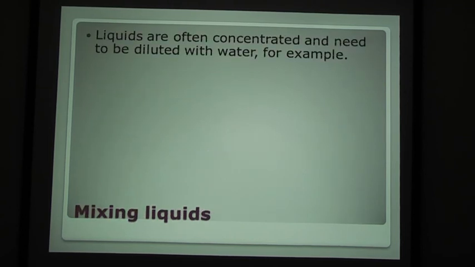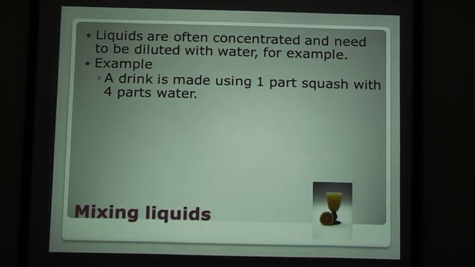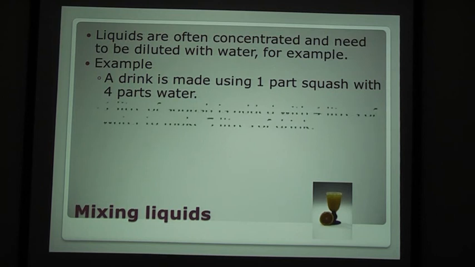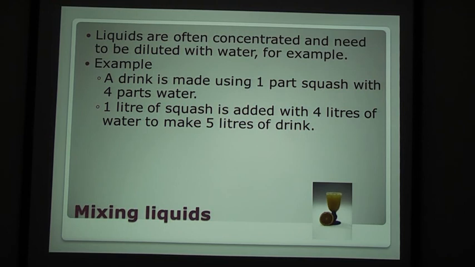So, liquids are often concentrated and need to be diluted with water. For example, we have a drink, and you might make that 1 part squash with 4 parts water. So if you have 1 litre of squash, it's going to be added with 4 litres of water, and that's going to make you 5 litres of drink.